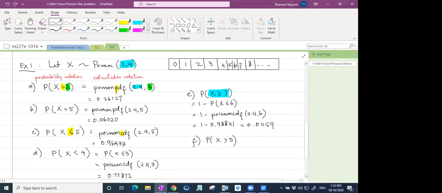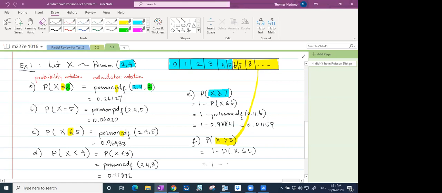Last one, probability that x is more than 5. More than 5 refers to starting from 6. Now, the complement of that is up to 5. So this is equal to 1 minus probability that x is less than or equal to 5.